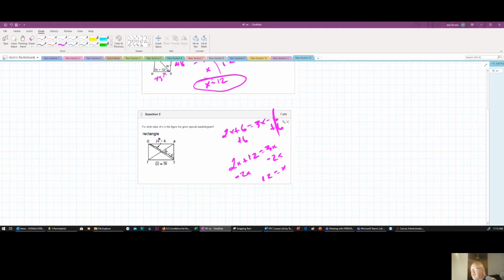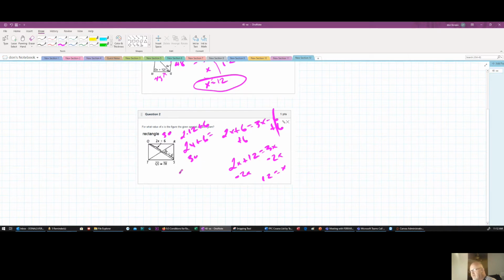And we'll just double check that. So we got 2 times 12 plus 6, which is 24 plus 6, which is equal to 30. So it's 30 on the first one.